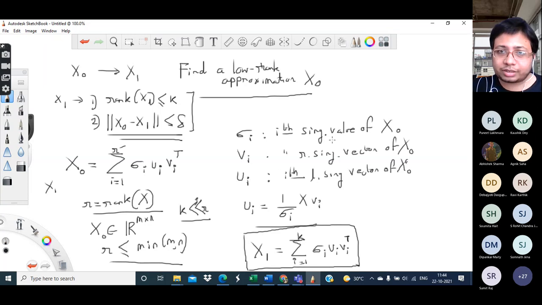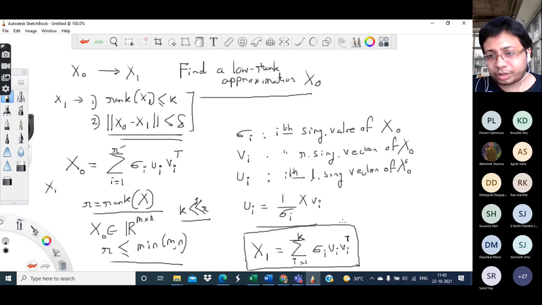I had got sigma 1, sigma 2, etc. as the singular values of x naught. Similarly, v1, v2, u1, u2, those also I had got from x naught. I am using the same singular values, but instead of going all the way up to r, I am just stopping at k. That is to say, using the first k singular vectors and singular values of this matrix x naught, I am constructing x1.